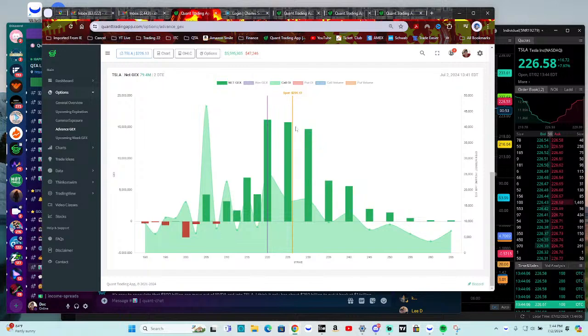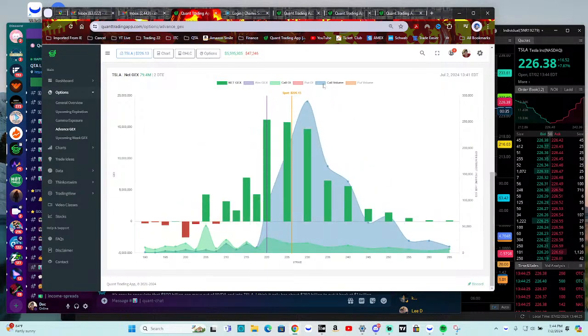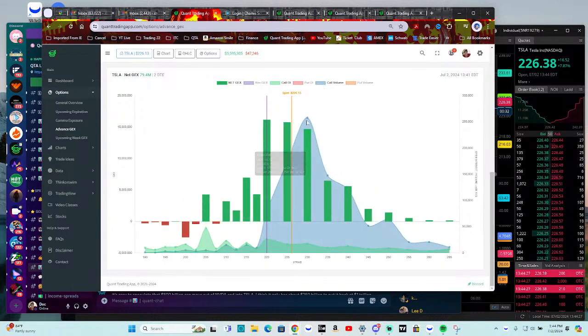So that's why it's important to get fresh data when you're trying to enter or exit a trade. You want to get the most up-to-date information because they're constantly changing. Call open interest, the put call volume and put volume changes throughout the day. So now the call volume spikes all the way up to 230.